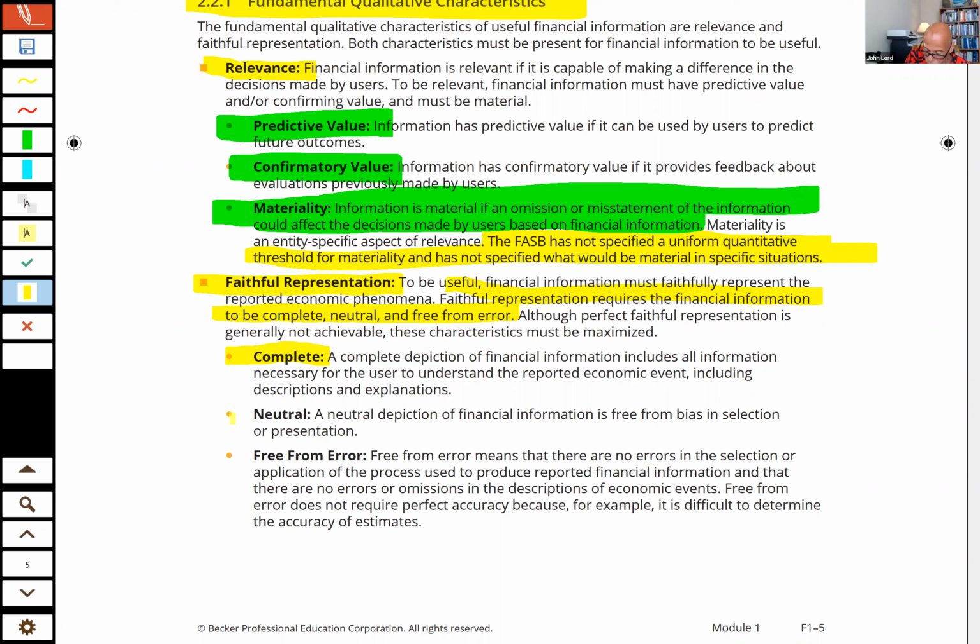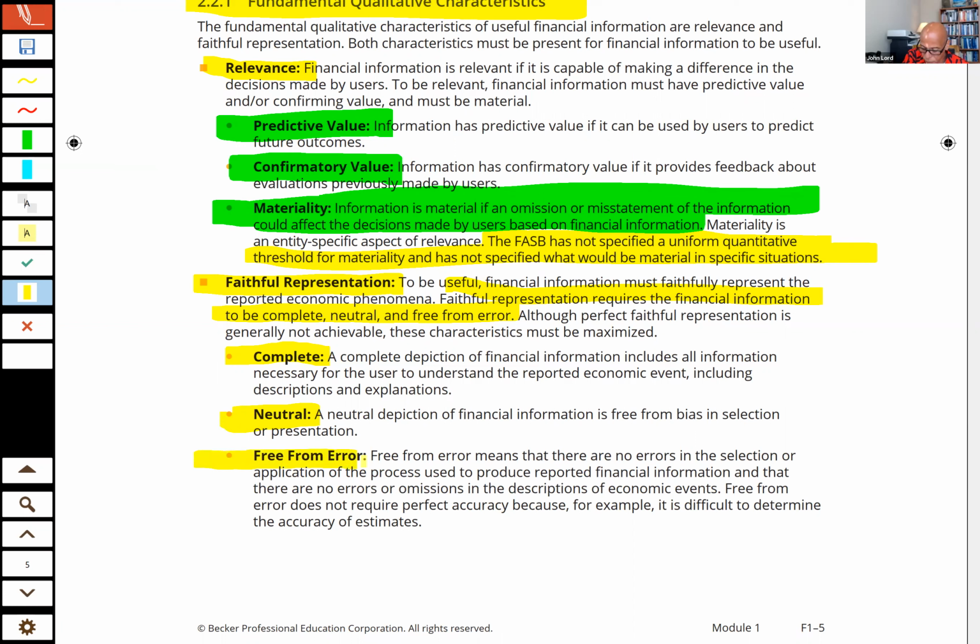Also, we need neutrality. In other words, what? The company isn't sitting there saying, when I choose an accounting standard, I'm going to choose the one that always makes my revenue bigger, my assets bigger, my liabilities smaller. No. I'm not going to use estimates that always make my company look more profitable. They're supposed to be neutral in how they account for various transactions.